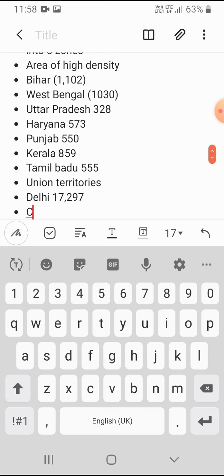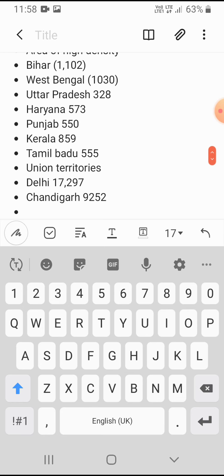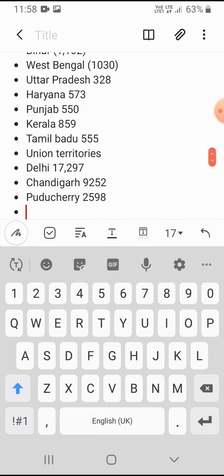After that Chandigarh, which has 9,252 people. After that Puducherry, with 2,598 people.